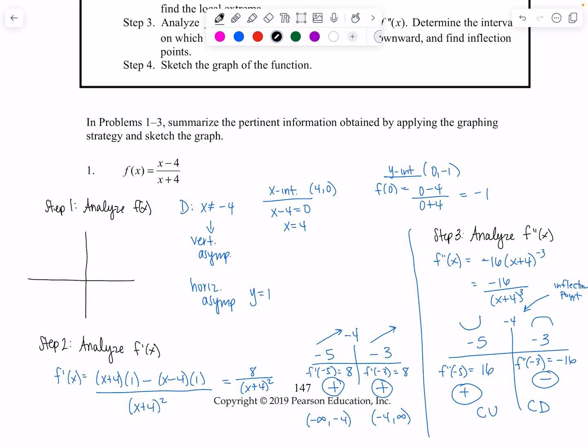So we have our y-intercept 0, -1, it's increasing until -4, and then increasing at -4.